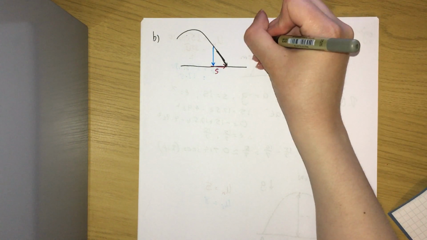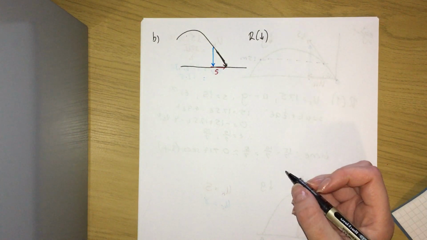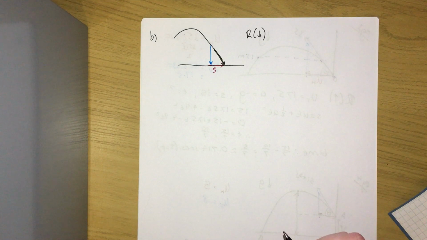So again, I need to resolve vertically. I'm defining down as positive because it's travelling downwards. So I'm trying to keep things sensible when I'm talking about these problems. So if I think about the whole journey, because that's all I can really do. I don't know anything else about the journey particularly.